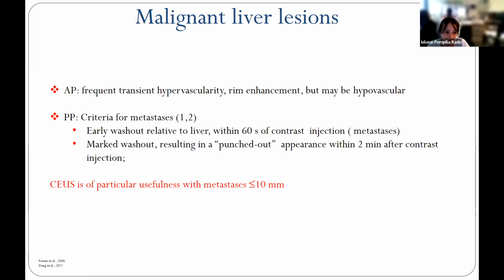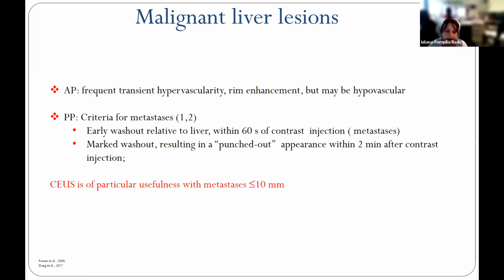But what I consider the most important is to know that we don't have portal vessels. I insist on this. So we'll have a very early washout, within 120, mostly 60 seconds after the contrast injection.